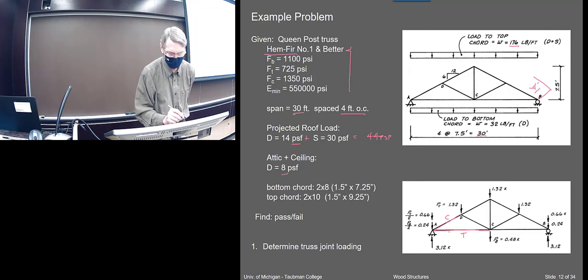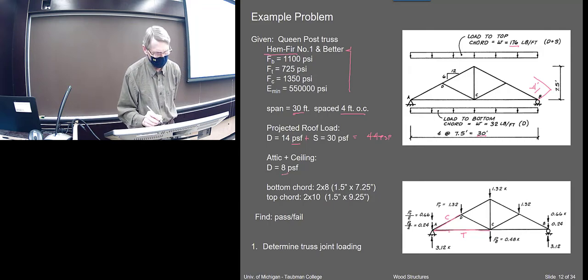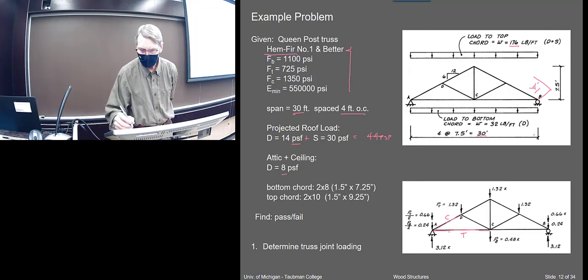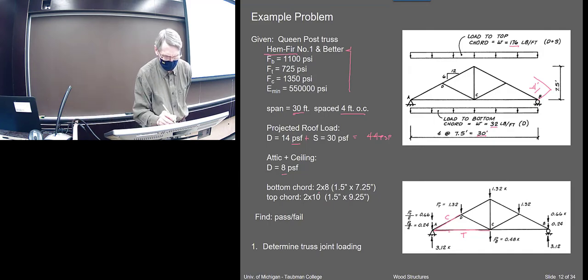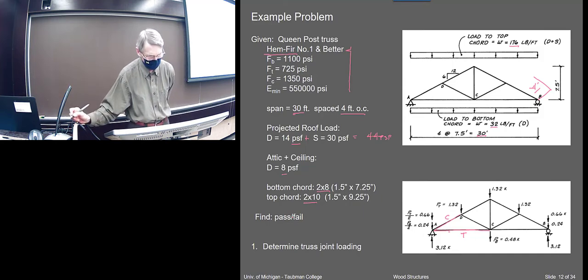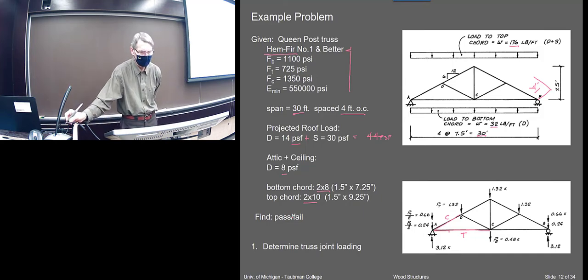And in the attic, it's 8 feet. So as a dead load, 8 times 4 should be that 32. Okay, so those are the loads that are on it. The bottom chord we're going to say is a 2 by 8, and the top chord is a 2 by 10. That sounds pretty reasonable.